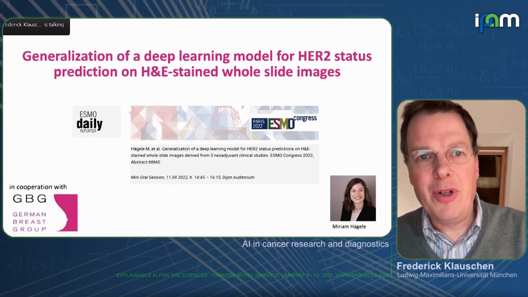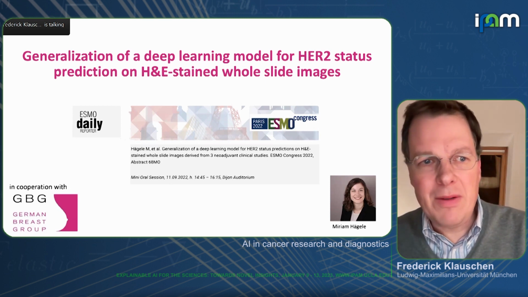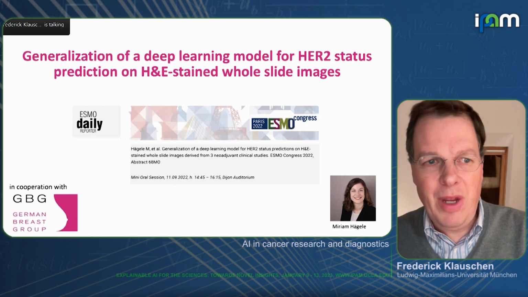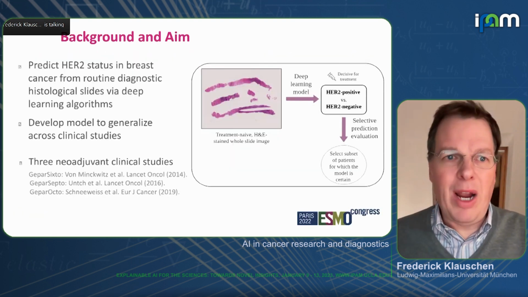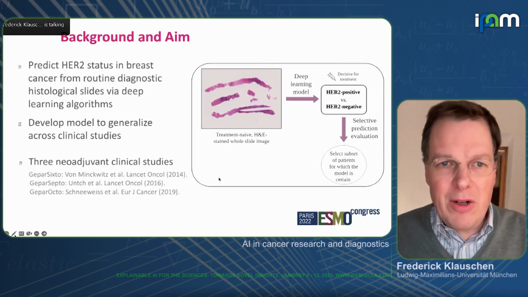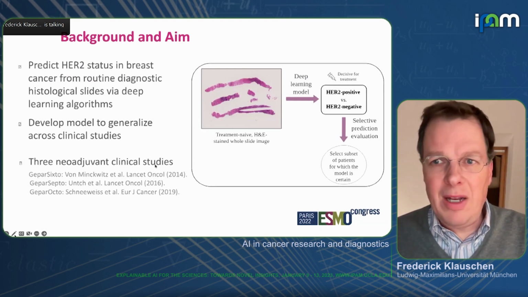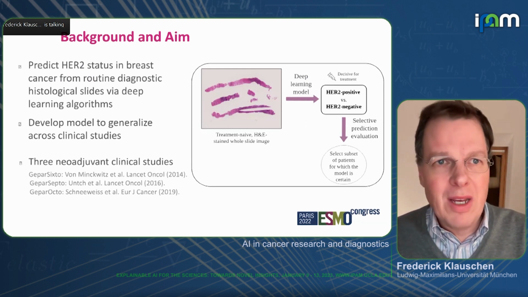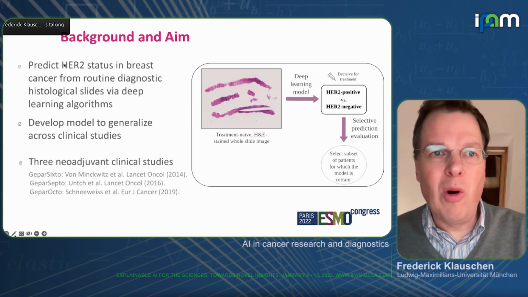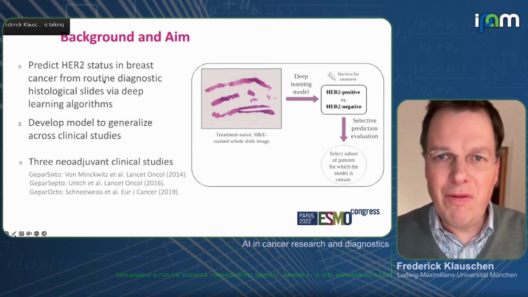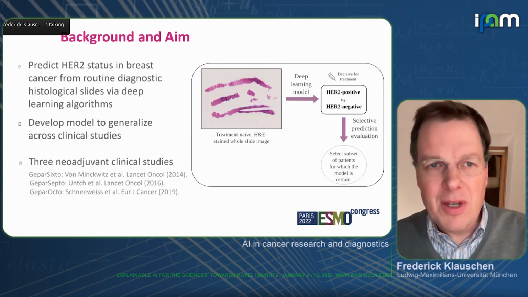Miriam worked on data sets we received from a large breast cancer study group, the German Breast Group, from which we received trial data from 3 neoadjuvant clinical studies, very large studies with several thousand patients. And we set out to predict a certain molecular property called the HER2 status in breast cancer, which is also relevant for therapy decisions.